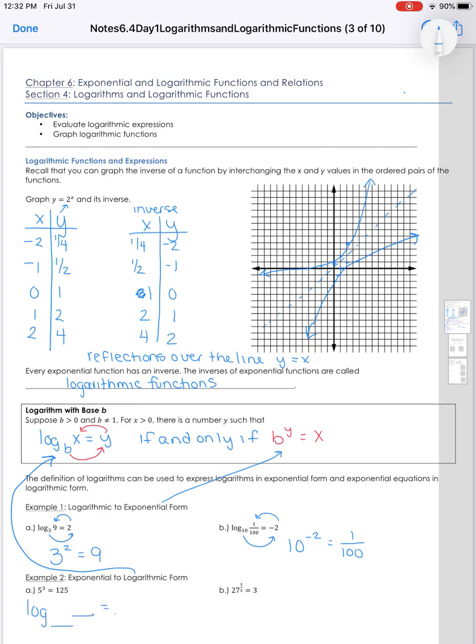You know something has to go here, here, and here, and envision what it would look like if you were to do the circle. So now you can see what to plug in. Because if it's 5 to the third, 5 is here, 3 is here, and then the 125 goes here. So your final answer would be log base 5 of 125 equals 3 for this one.